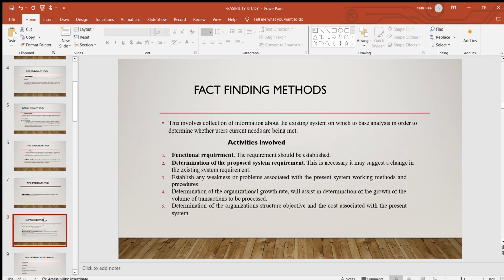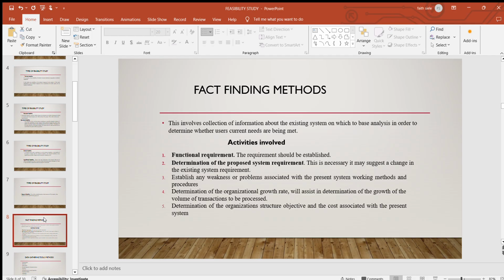example, we have functional requirements, whereby we say that the requirements should be established. We also have determination of the proposed system requirements, whereby this is necessary and it may suggest a change in the existing system requirements. Number 3, we need to establish any weakness or problems which are associated with the present system, working methods, and even the procedures. Number 4 is determination of the organizational growth rate.